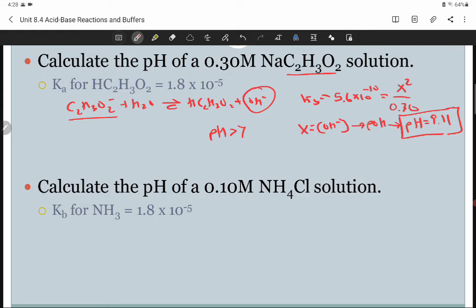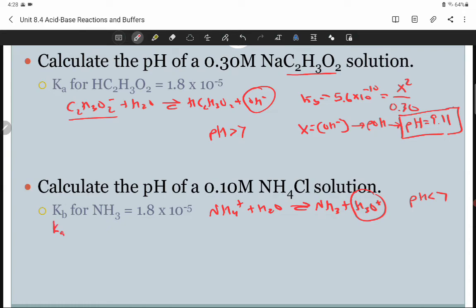Okay, I ended up writing down the answer for this ammonium chloride question. So ammonium chloride will have ammonium react with water to make ammonia and hydronium. And the hydronium is going to make this pH below 7. So this is an acid reaction, I need a Ka.